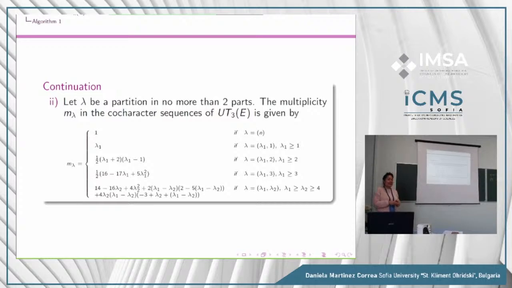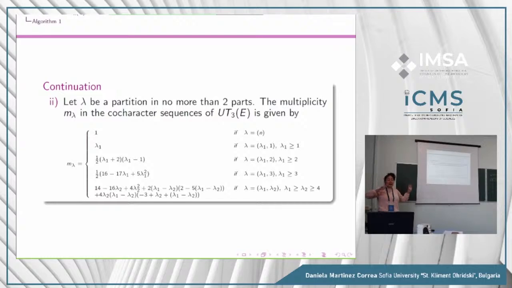Okay, so I want to highlight that this method works for any d. You can choose d equal to 4, 5, the number that you want. But this method has a problem because we are working with a fixed d. This means that this method only gives us the information about the multiplicities n lambda when the diagram of lambda is contained in a horizontal strip of length d.